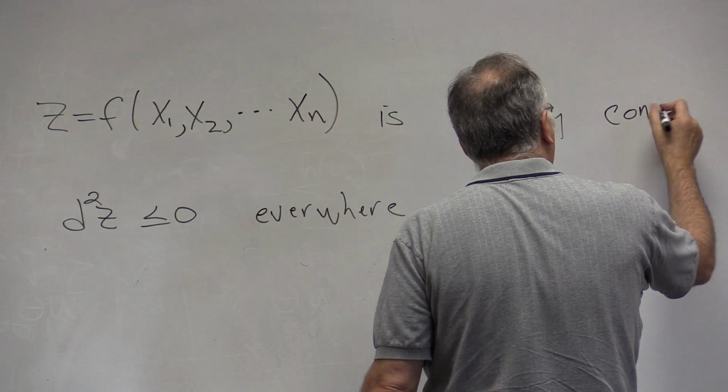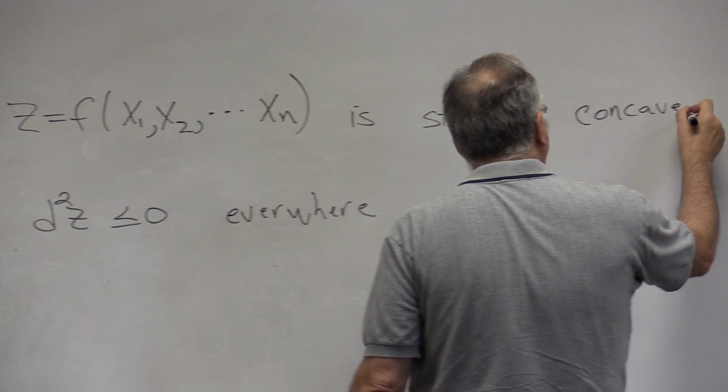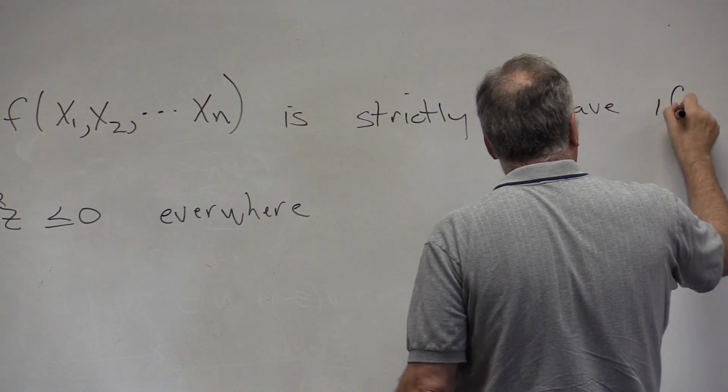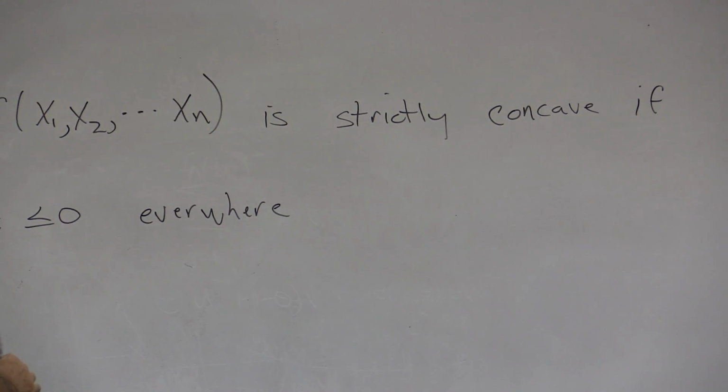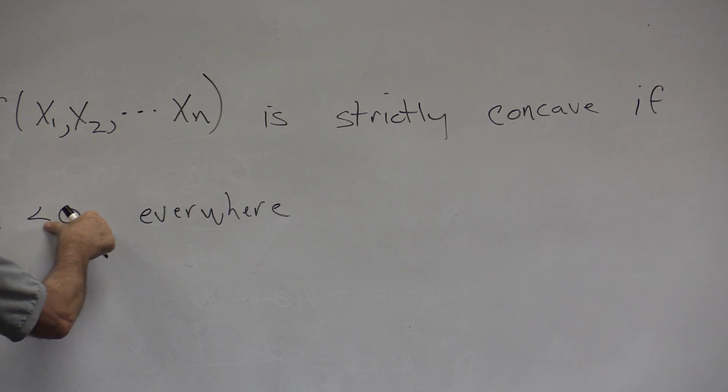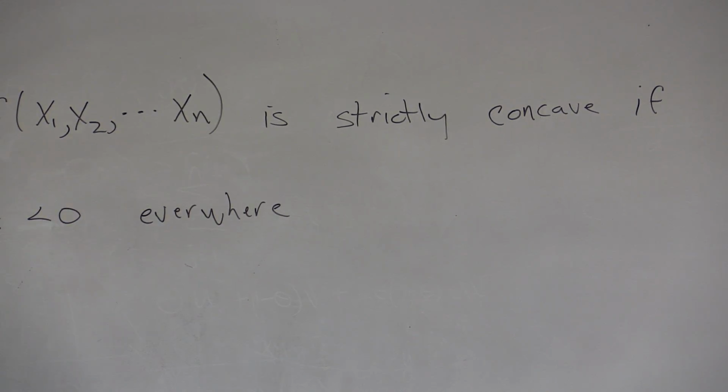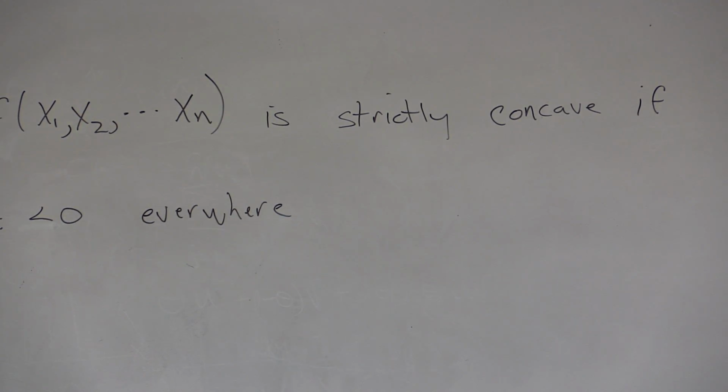But actually, it's not an if and only if here, it's just an if. This is strictly concave if this second order total differential is everywhere negative definite. The second order total differential is negative everywhere.